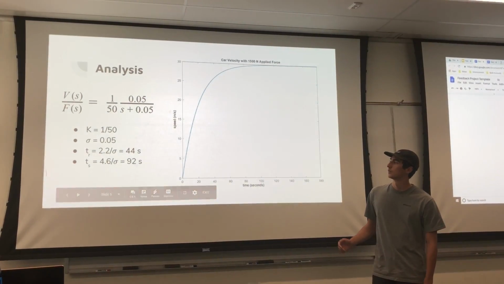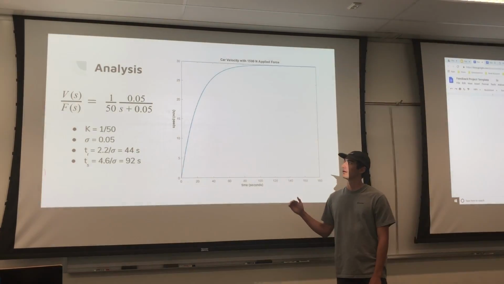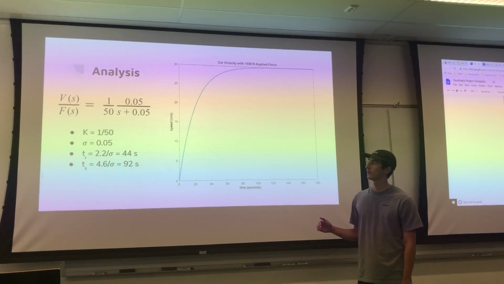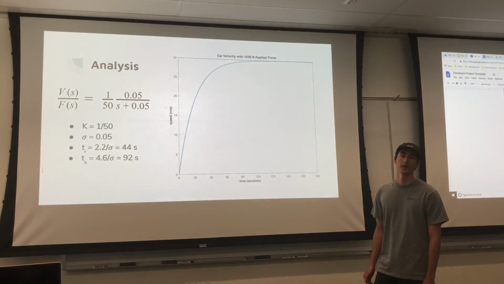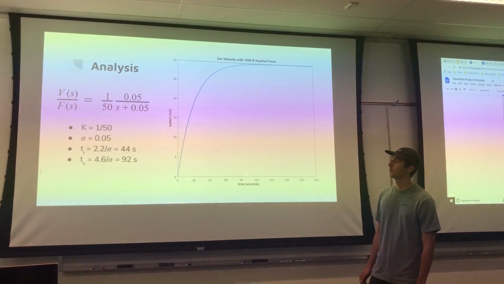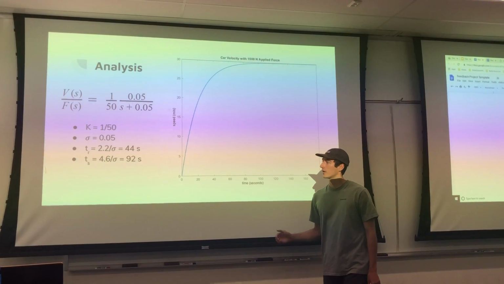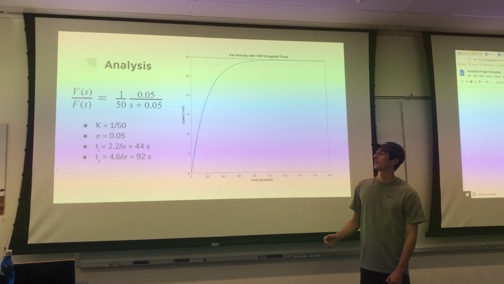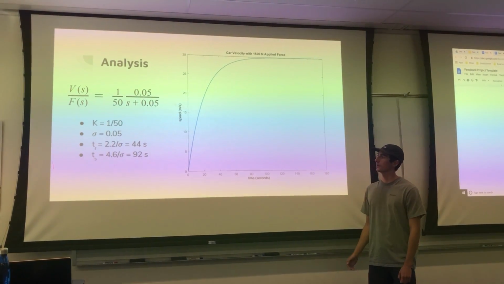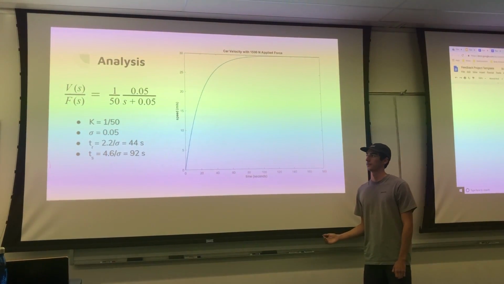Further analyzing it, we see that we have a gain value k of 1 over 50. Also, we have a sigma value of 0.05. From that, we can find the rise time and settling time. For the rise time, we use the equation 2.2 over sigma. With that, we come to a rise time of 44 seconds, which is very high for a car.